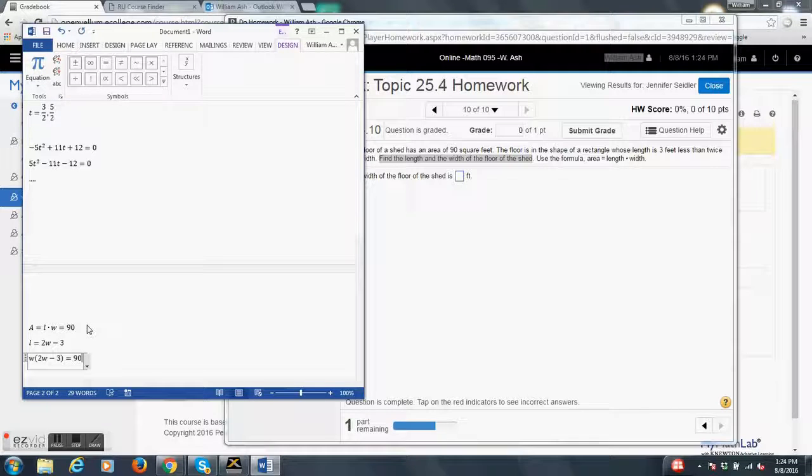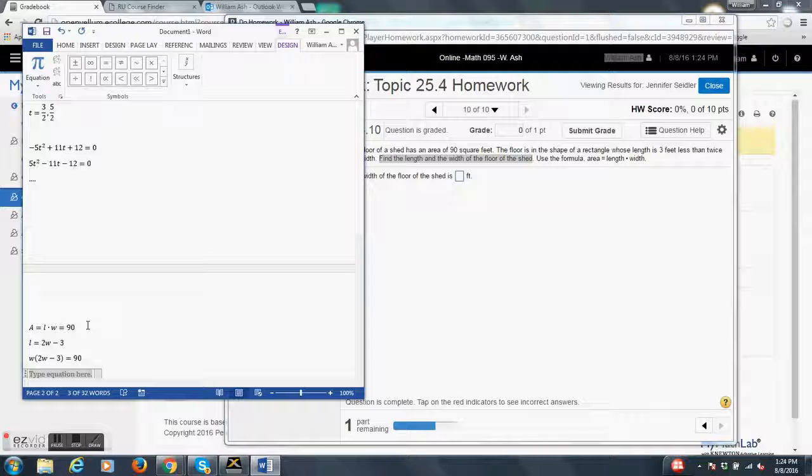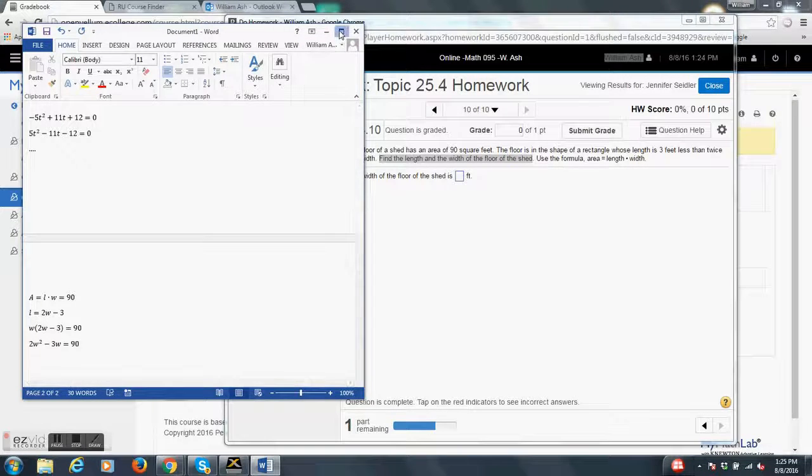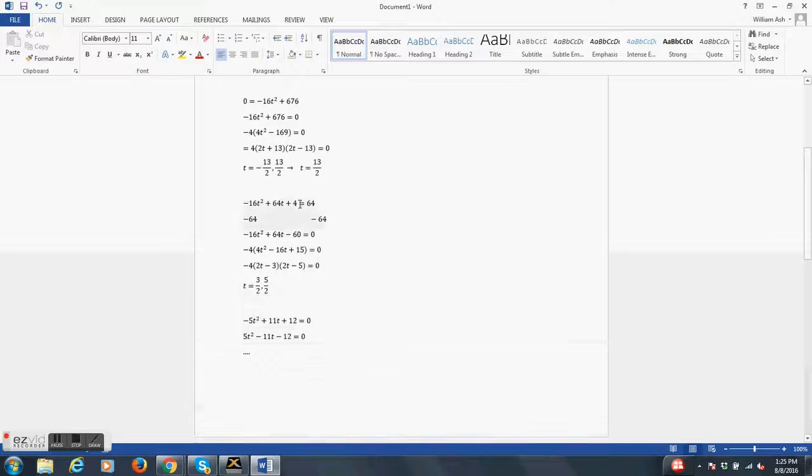And now, if I distribute my w, we're starting to notice this looks just like all the other problems we're doing. So again, it doesn't work, right? It doesn't work if it's not 0.